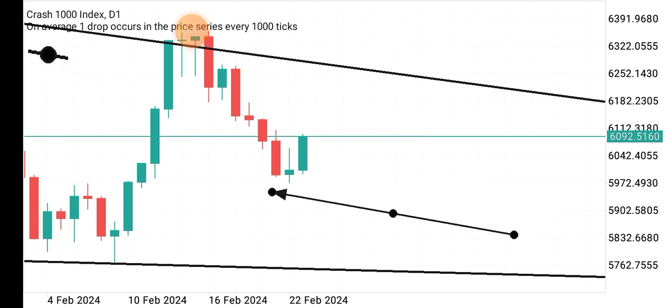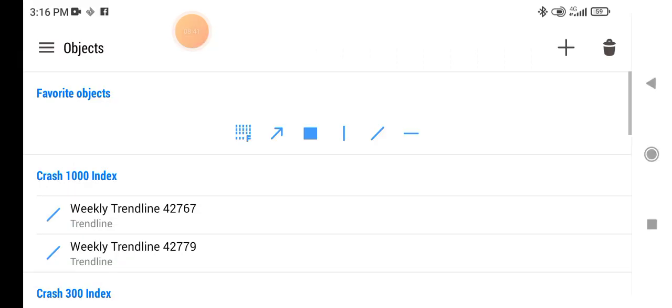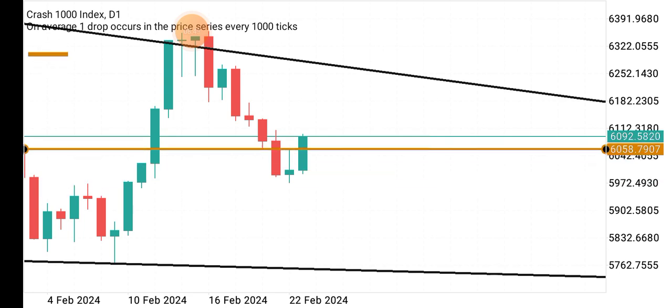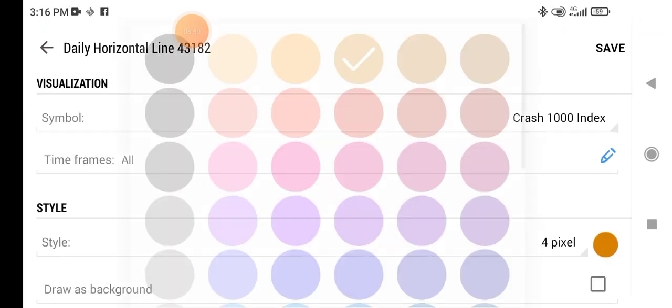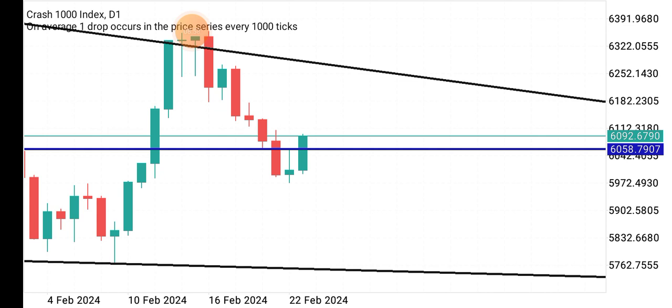Now let me just mark out that particular one so that I show you what I'm trying to explain right here, that this thing works, guys. All right, that is it. Let me just change this color to blue. That's the color I marked this particular chart and posted in our Telegram channel today. I posted and asked everyone to just monitor what's going to happen, and it has played out.